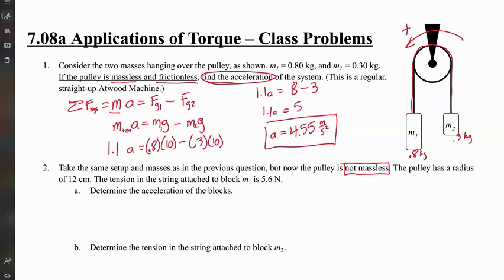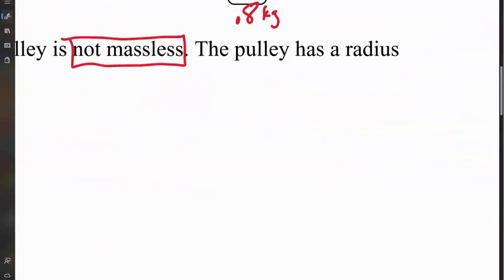Okay. Before we get too far into solving the problems, let's take a quick look at what's different. We've got this pulley here, and we have this string that's attached to block M1. There's some amount of tension in this string, which I'll call tension 1.